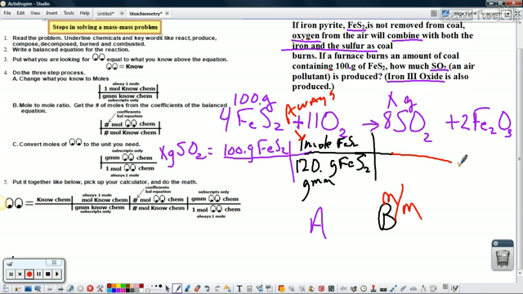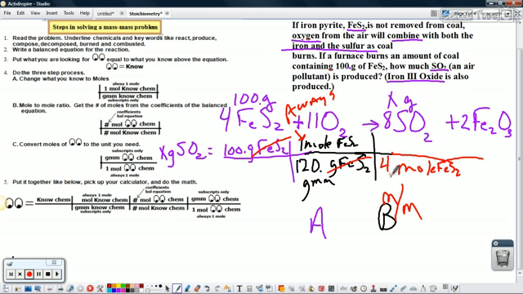Did I look at the coefficients to get this number? No, I looked at the subscripts. I took 1 iron and 2 S's and added them together. Subscripts only right here. So here I'm going to say moles of FeS2. How many of them are there, according to my balanced equation? 4.